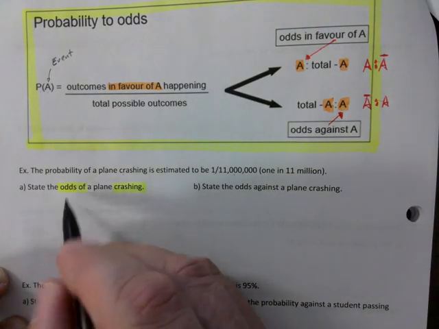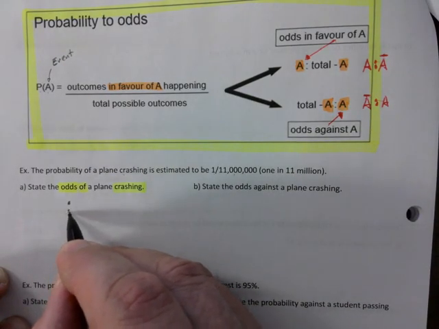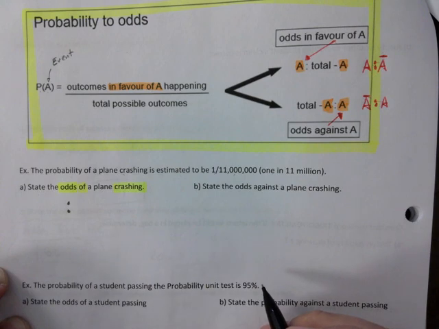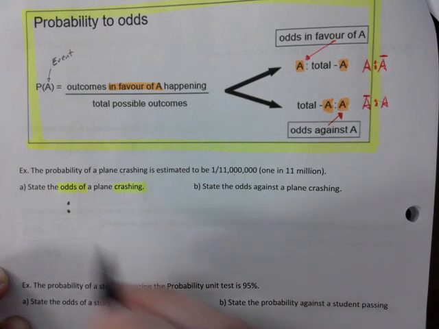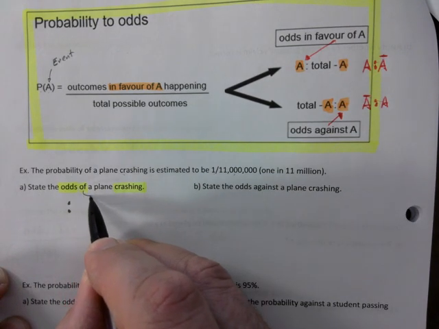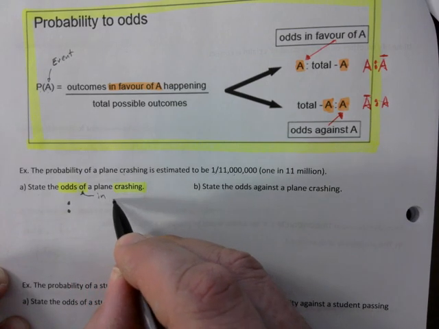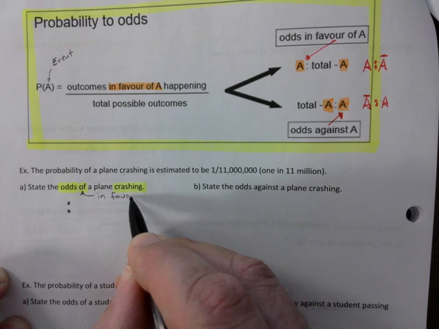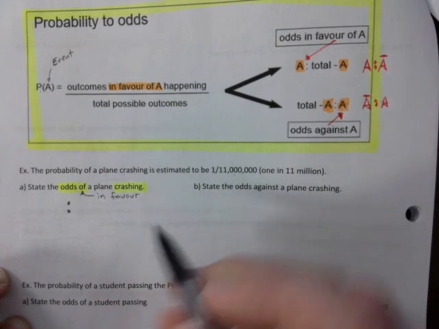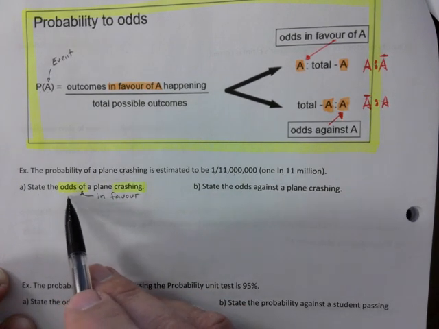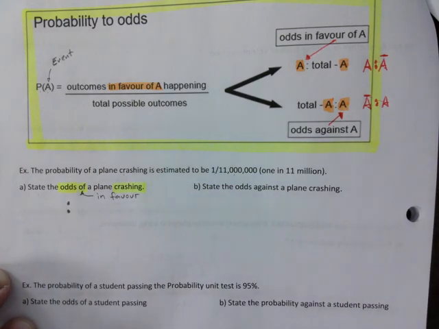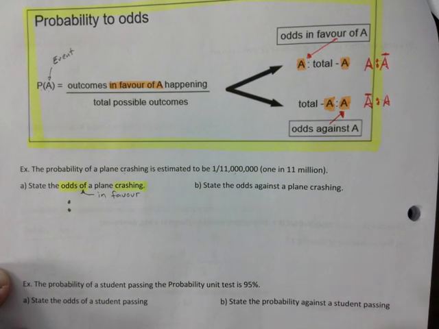So odds tell us that it's going to be like this. Correct? Okay, narrowed it down. Of English, like here is very important to read it, right? In favor. You can reread this saying odds in favor of the plane crashing. It's the same thing.